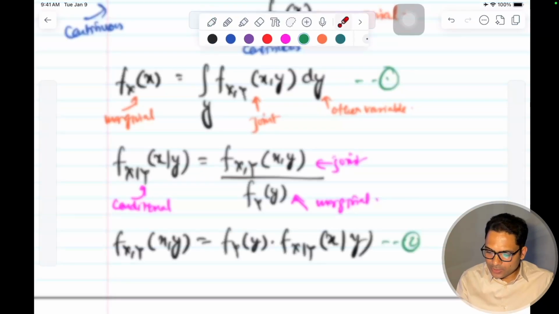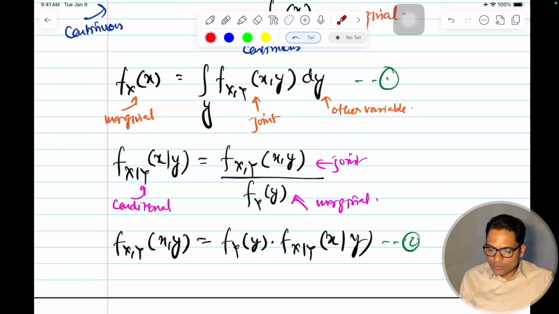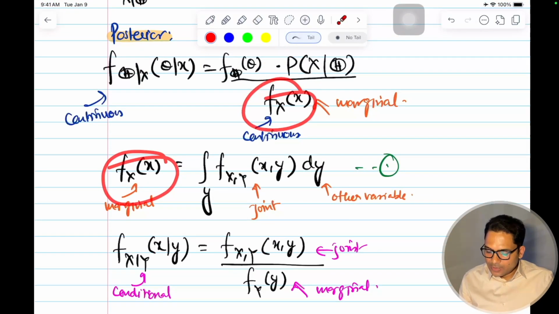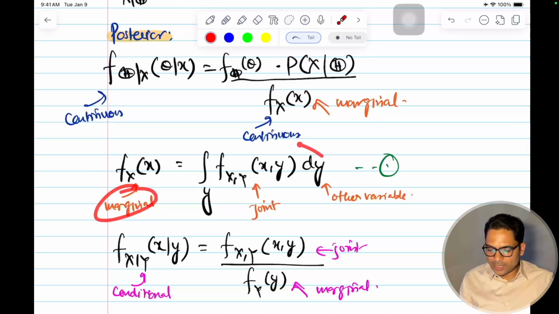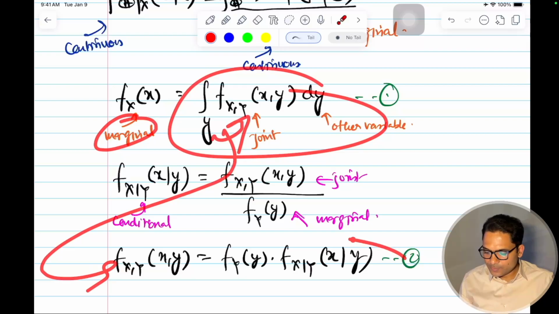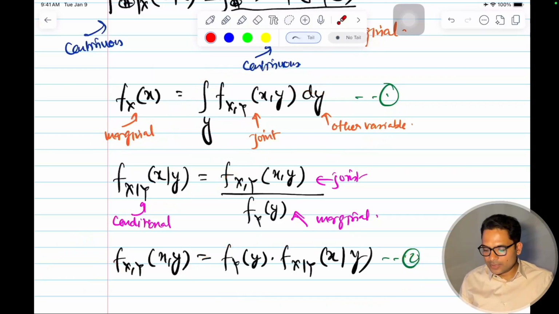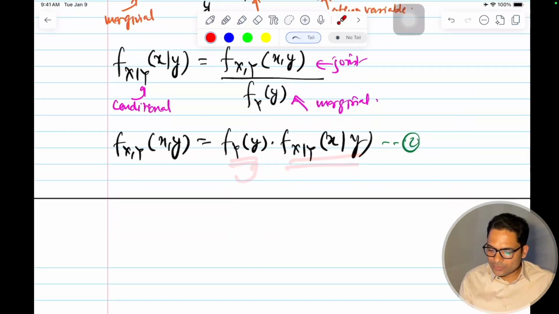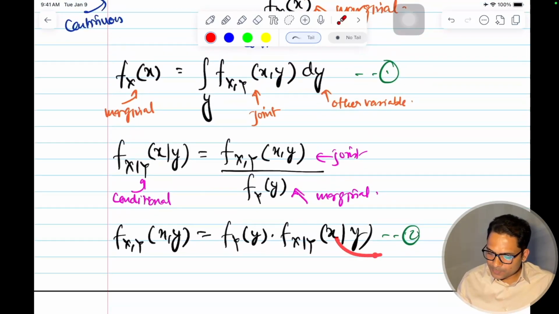So watch this carefully. I want this because of this. This marginal I can find using the joint. Now I want to find the joint, and this joint will come from the conditional that I have, fY(y) into this. So let's plug this in here.